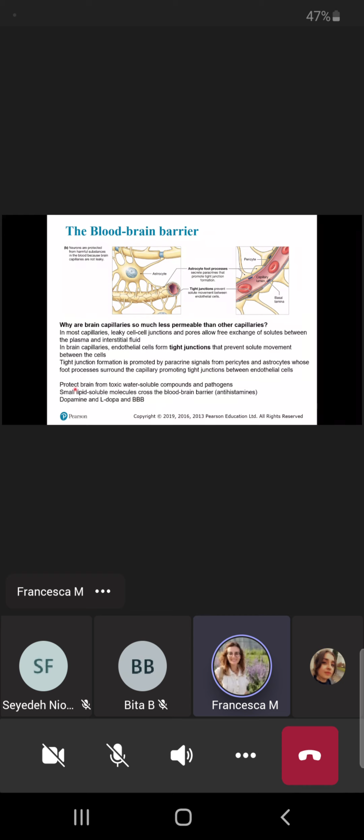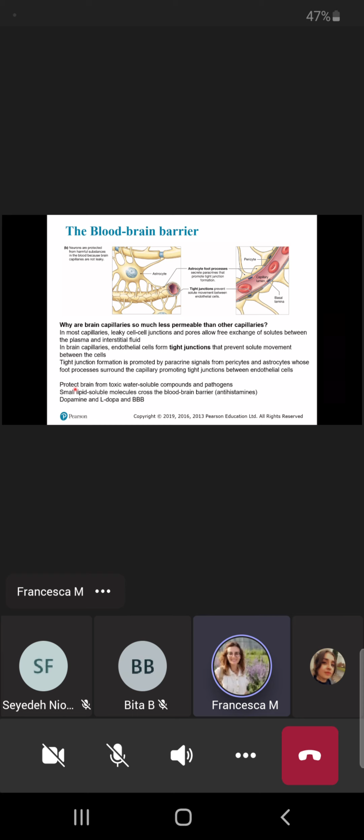For example, the dopamine. So the blood-brain barrier is not permeable to dopamine. The problem is when people affected by Parkinson's disease have a reduction in the dopamine, because dopaminergic neurons are damaged. So the dopamine, this neurotransmitter that modulates the transmission in the dopaminergic neuron function, is compromised.